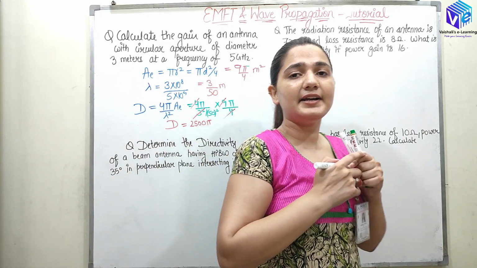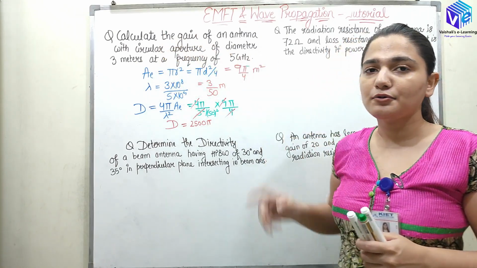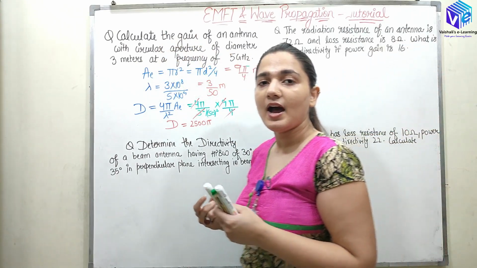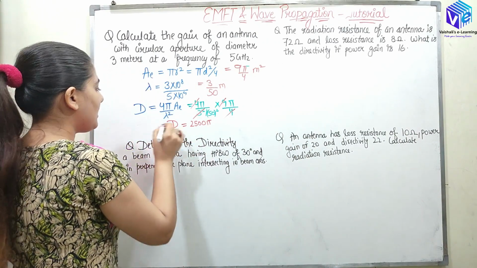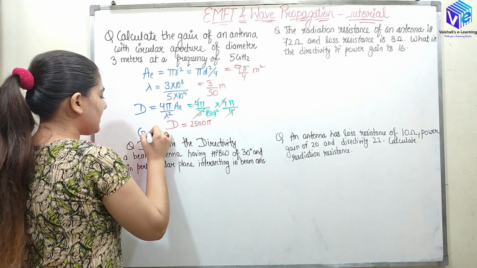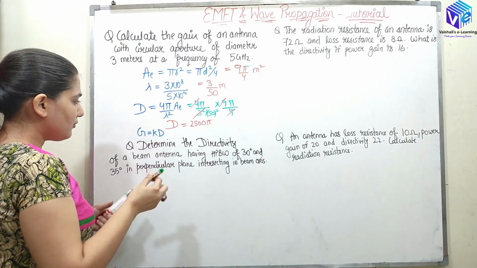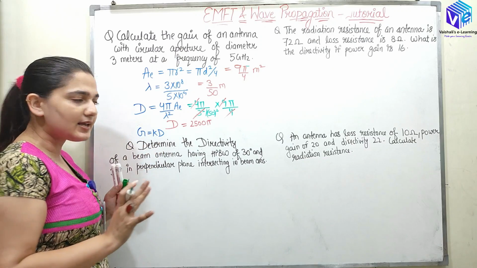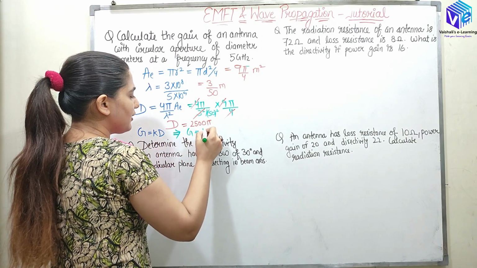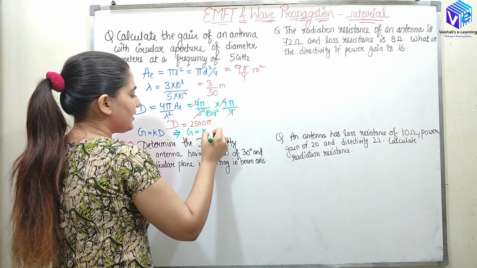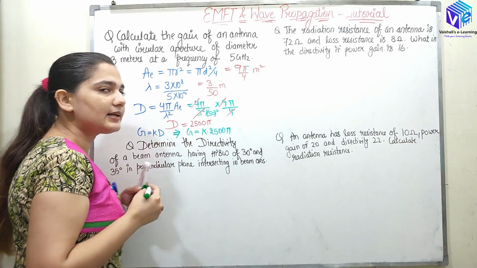So this is my directivity. I had to find out gain. In the question I needed to find out the gain. What is gain? I hope you have seen the video where I discussed the relationship between the directivity and the gain. Gain is equal to K into D. If I don't know what K is, I will find the gain in terms of K only. So we'll have K into 2500 pi as the gain.